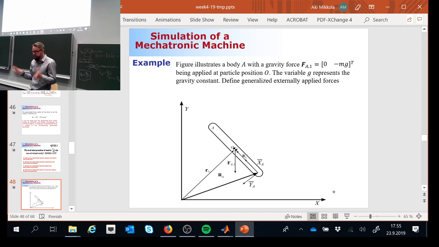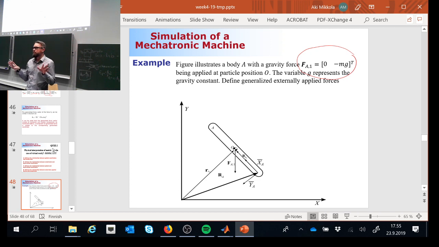So I have here a beam-like body. In the beam-like body, I have a simple force applying in the system, and that force is a gravity force. You get the gravity force by taking the mass of the body multiplied by the gravity constant, and it's applying in the minus y direction. Again, this force is expressed using the global coordinate system.